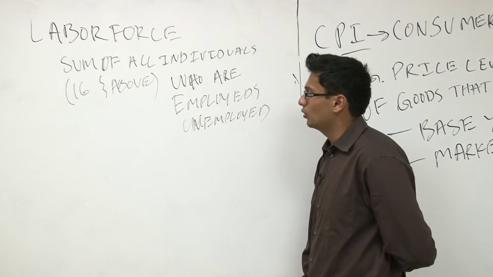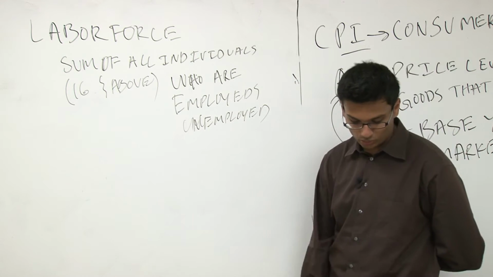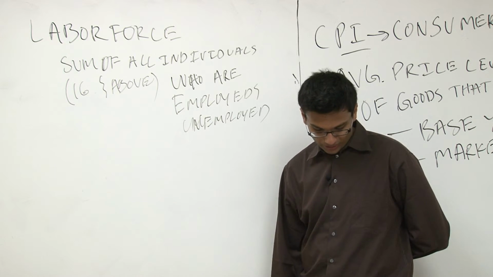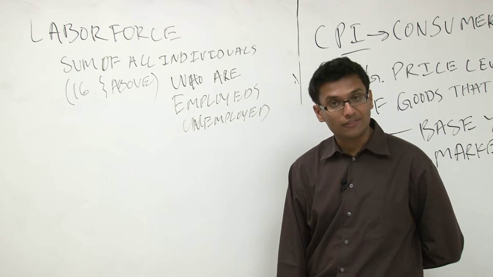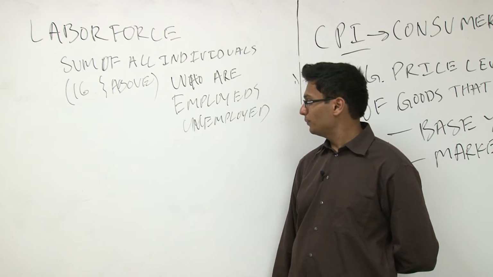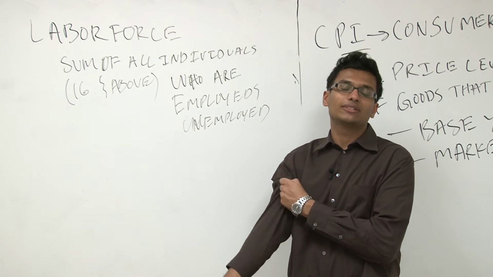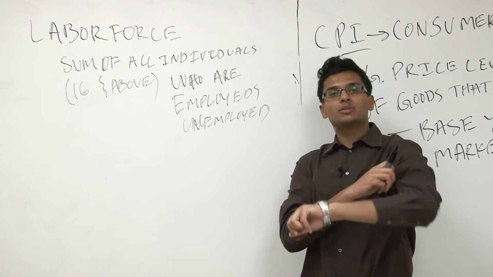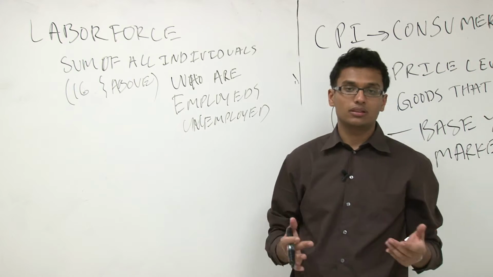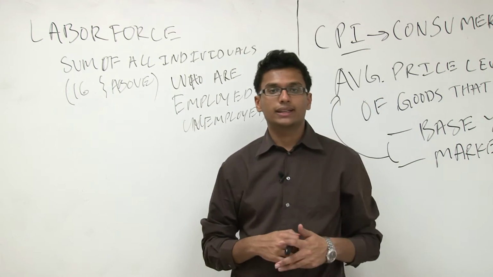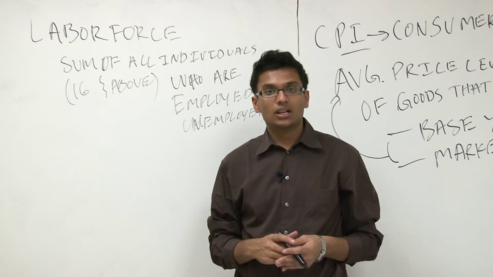So what's the problem, you say? Well, think about it. How do we define unemployed? Unemployed is actually a very interesting way to define it, but it's people who are actively looking for work. So what happens to the people who quit looking for a job? Say we're in a tough economy, and we've been trying to actively look for work and we can't find a job.